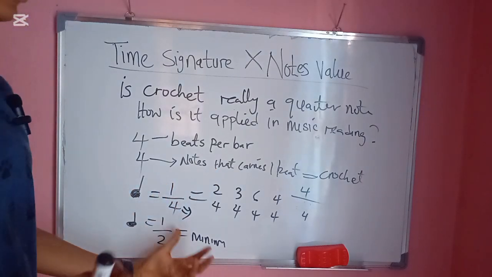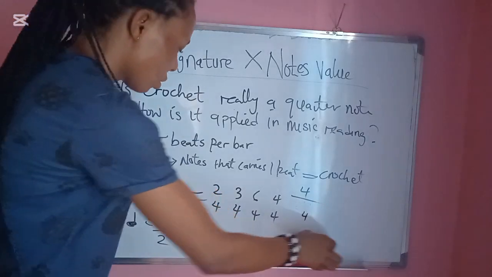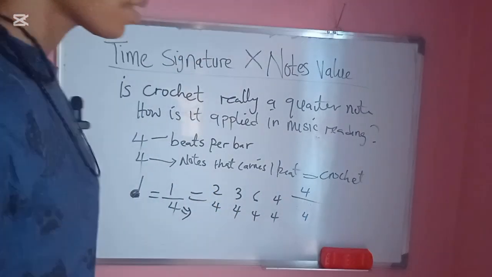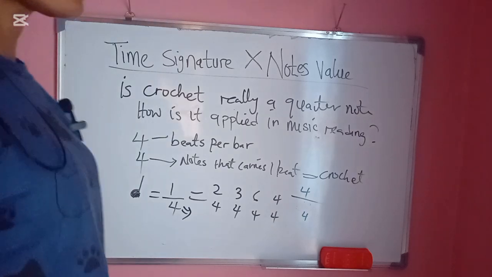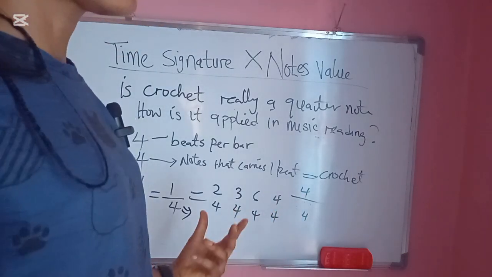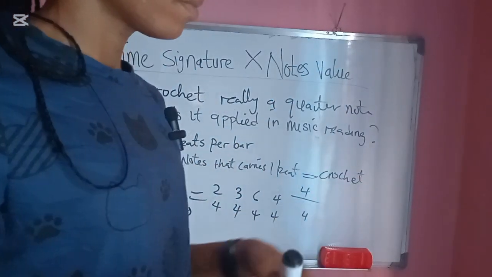Now let's use this crochet and see how we can apply it in music. Crochets don't carry quarter beats, but crochet corresponds to the quarter lower number, which is 4.